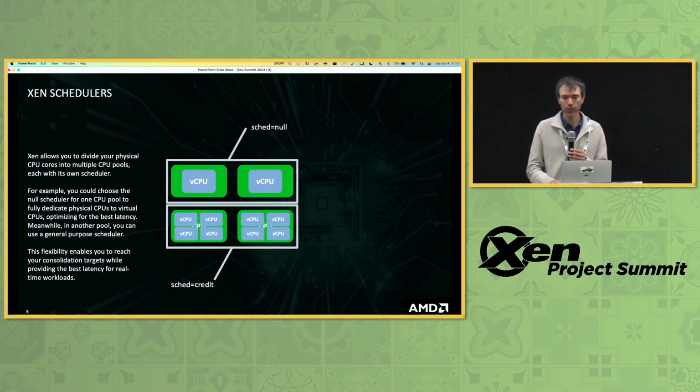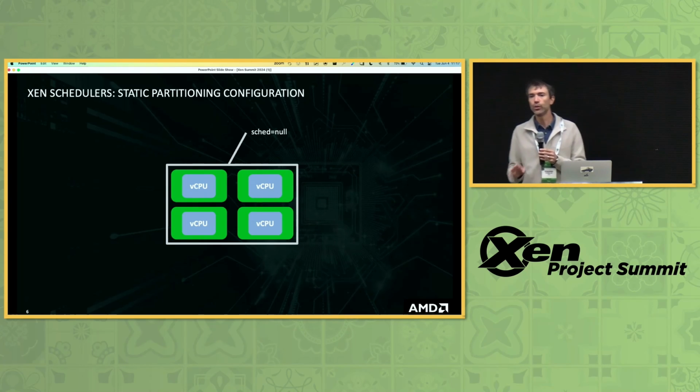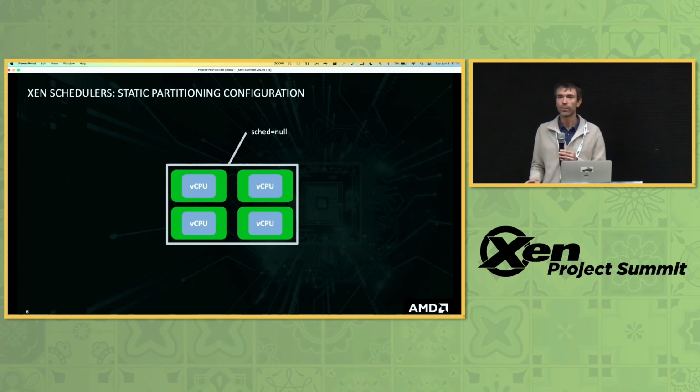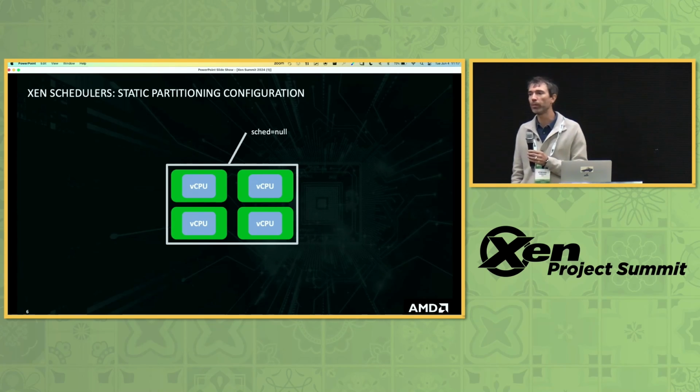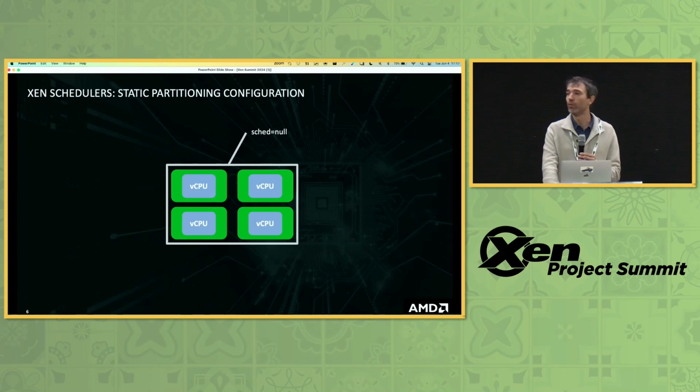So this is kind of useful. But in a pure static partitioning scenario, you will only use a null scheduler, right? Pure static partitioning means everything is directly assigned, including CPUs. So in the simplest of cases, and this is very common, industrial too, so we have lots of customers using this kind of deployment, everything is simple, there is no overcommit.